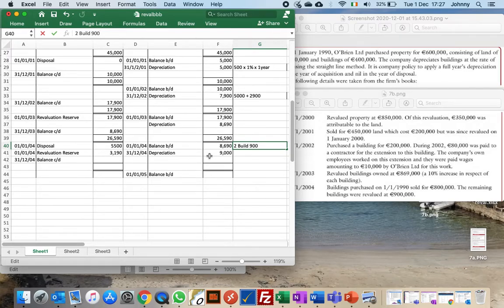Then I have my depreciation expense for that year. That building was worth 900,000 multiplied by 1%, so that's 9,000. When I go to do my balance of that account, I'll add up the 2 sides.